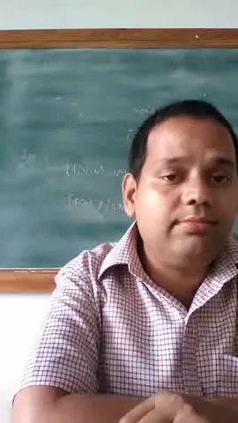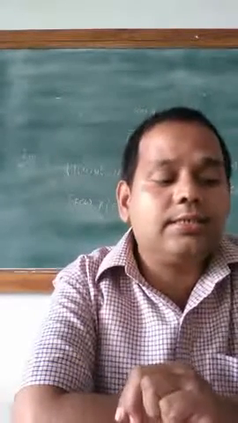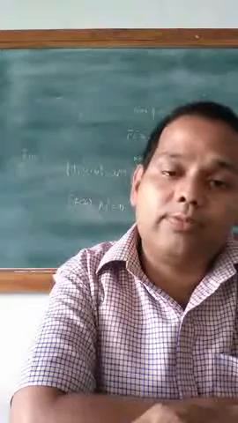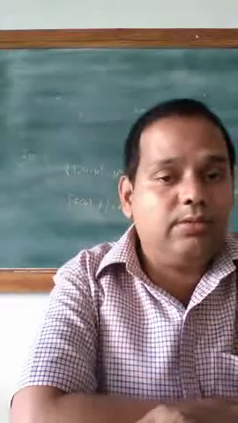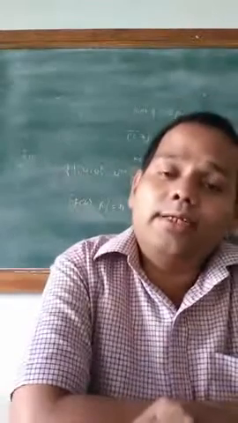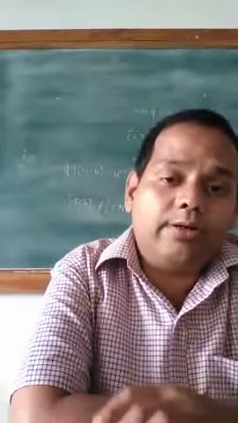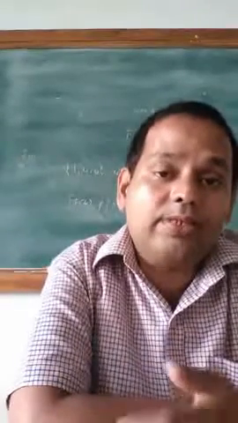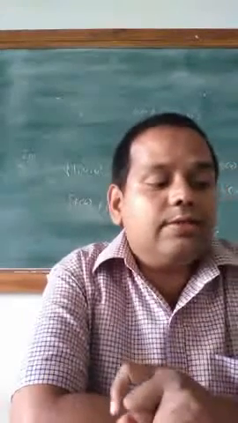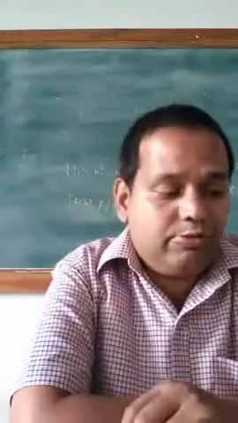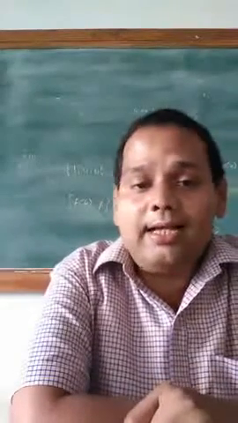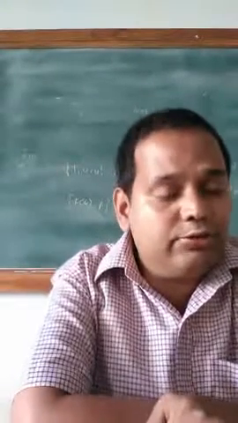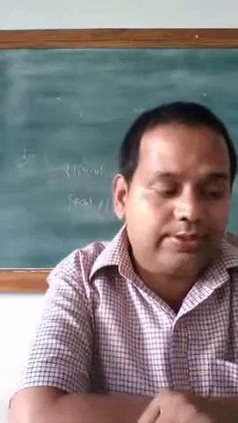To prove this theorem, we consider the contrary. Suppose that p of x belonging to F of x is a reducible polynomial. A reducible polynomial can be expressed as a product of two non-constant polynomials. Suppose p1 of x, p2 of x belong to F of x such that p of x is equal to p1 of x multiplied by p2 of x. This implies that degree of p1 of x is less than degree of p of x and degree of p2 of x is less than degree of p of x.